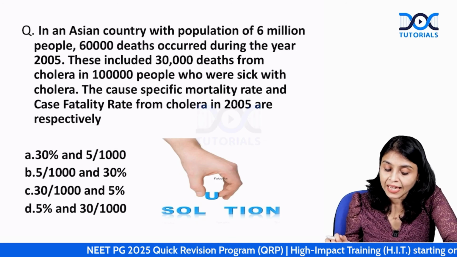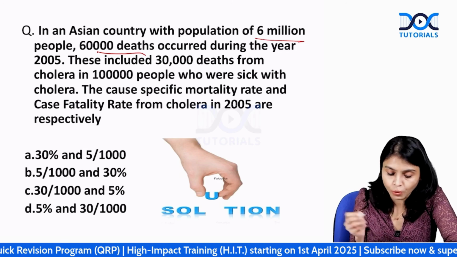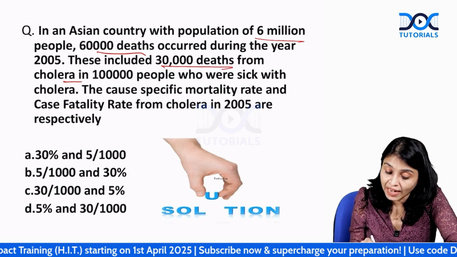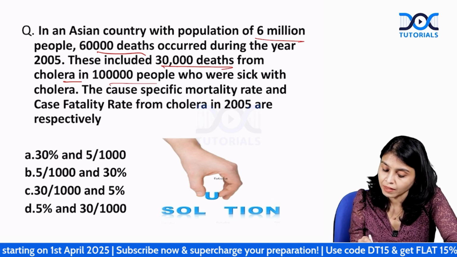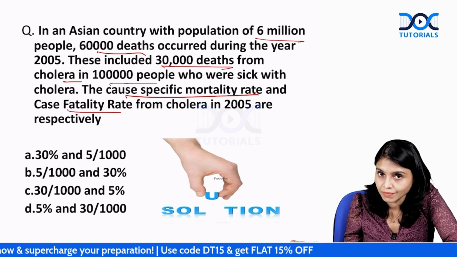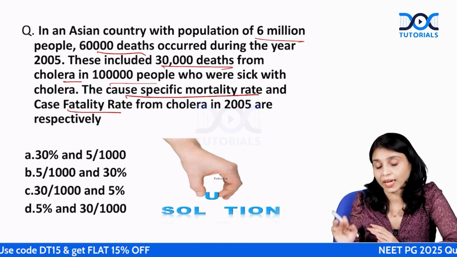Okay. In an Asian country with a population of 6 million people, 60,000 deaths occurred during a year. 30,000 deaths were from cholera in 1 lakh people who were sick with cholera. Find out the cause-specific mortality rate and case fatality rate of cholera. So simple, right? So this type of questions you can expect.